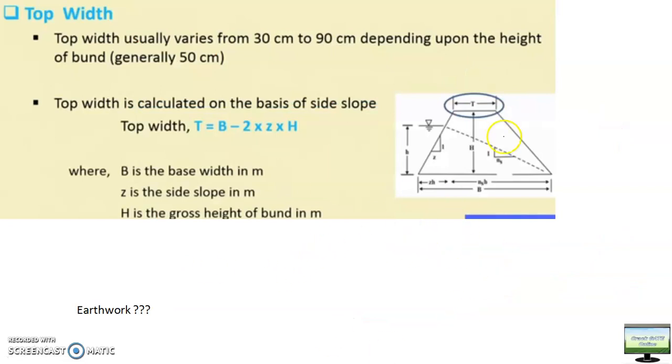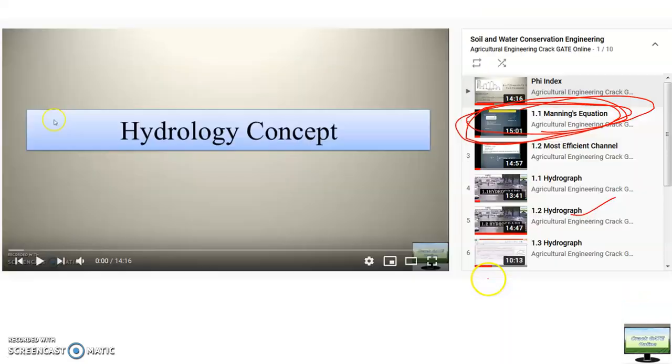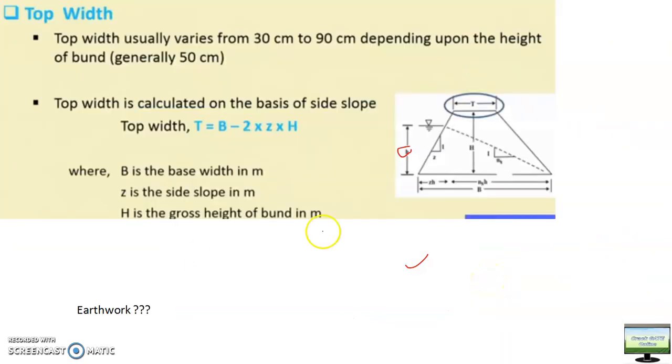Now you got the value of H. So you know this value Z into H. Now you know H, you know the land slope, now you know this value of A into C also. So how will you calculate the base width? Let me tell you fresh.